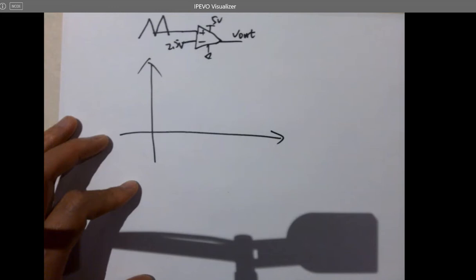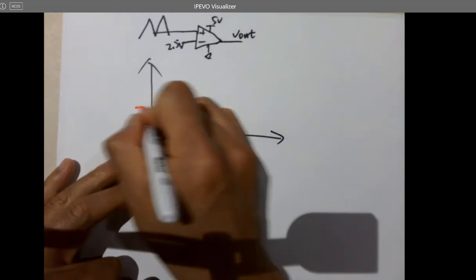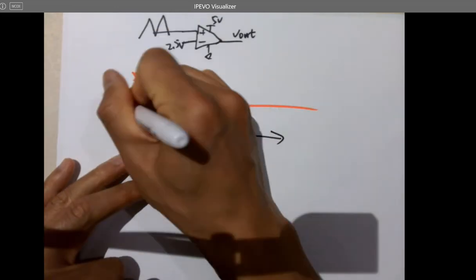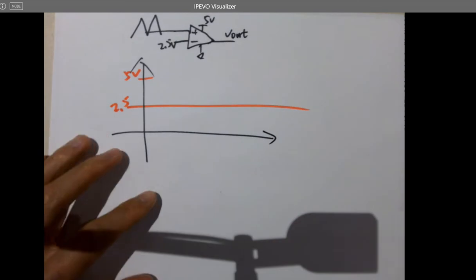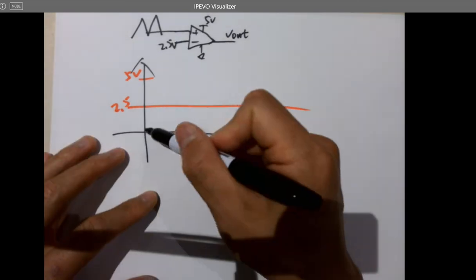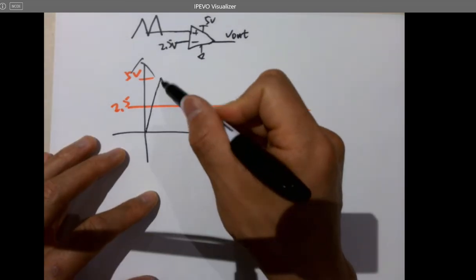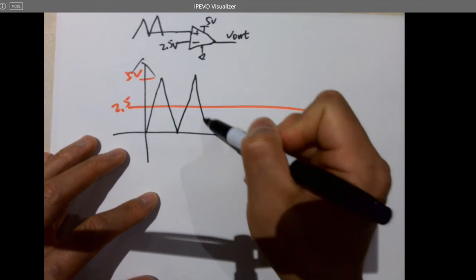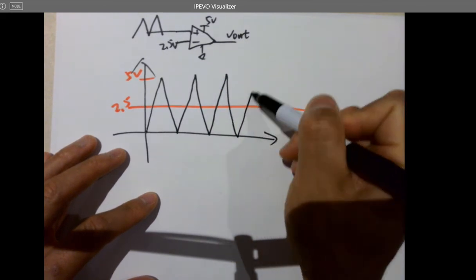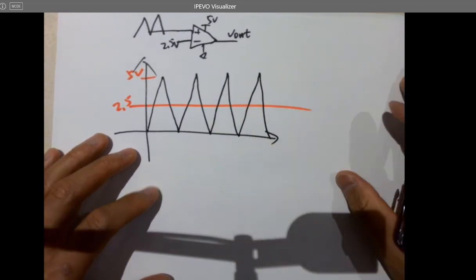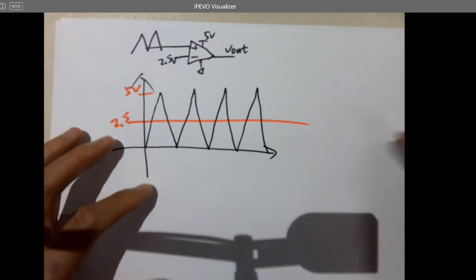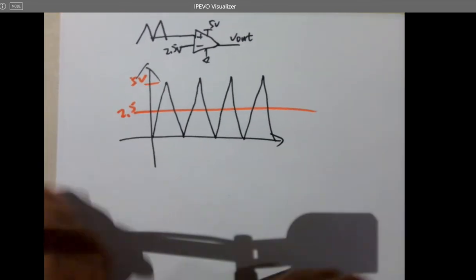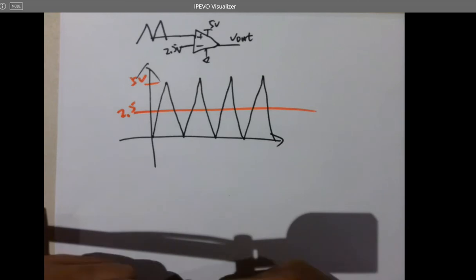So 2.5 volts is the reference voltage. The input swings from 0 to 5. I'm going to let you draw the output on this same diagram. What does the output look like?